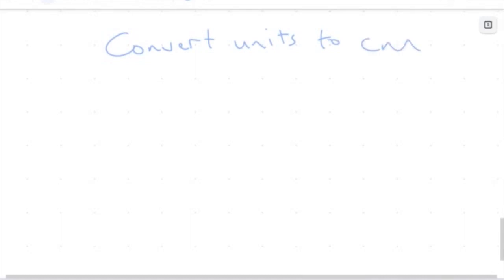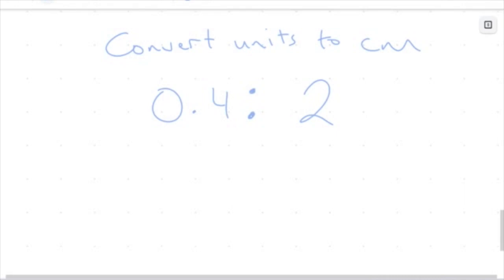Well, the 2 centimeters would stay. And I would say, well, how can I write 4 millimeters as centimeters? So I would write that as 0.4.